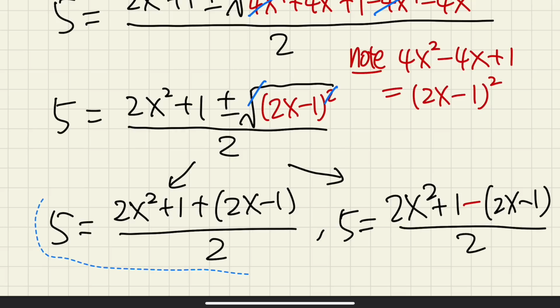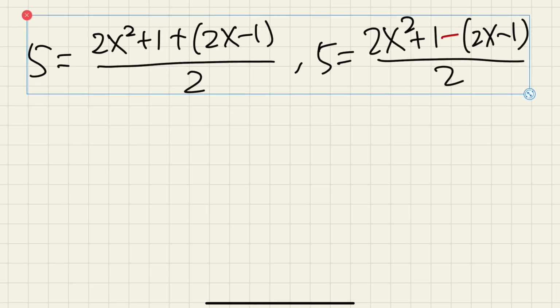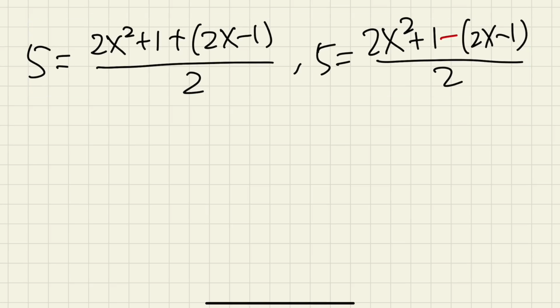And now let's go ahead and go to the next page. Okay, continue. Here, for the first equation, that's 5 equals, on the top, this is just 2x squared, and then plus 2x, and then 1 minus 1 is gone, so that's okay, and then divided by 2.